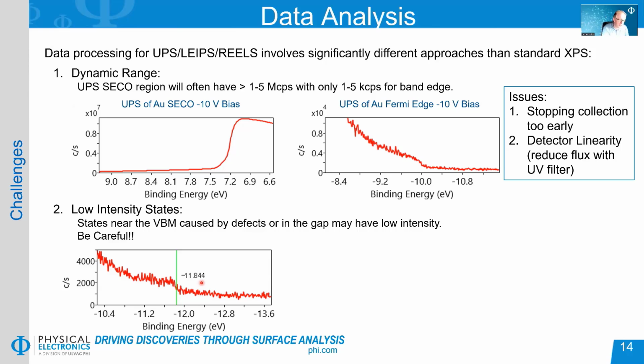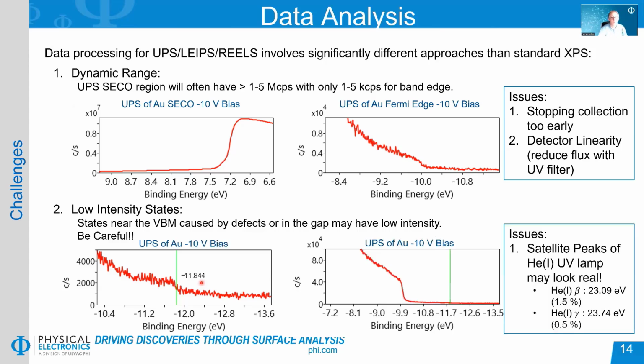Well, it turns out when you do UPS with a helium lamp, you actually have satellite peaks. There are 2 satellite lines of helium-1 that have about 1.5 and 0.5% of the intensity of the helium-1 line.